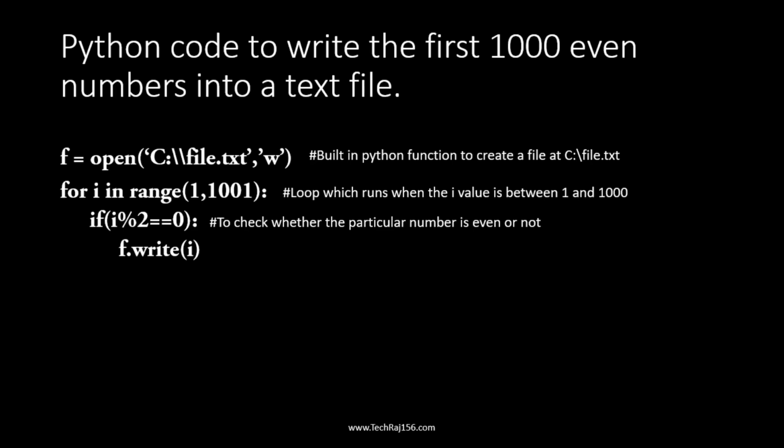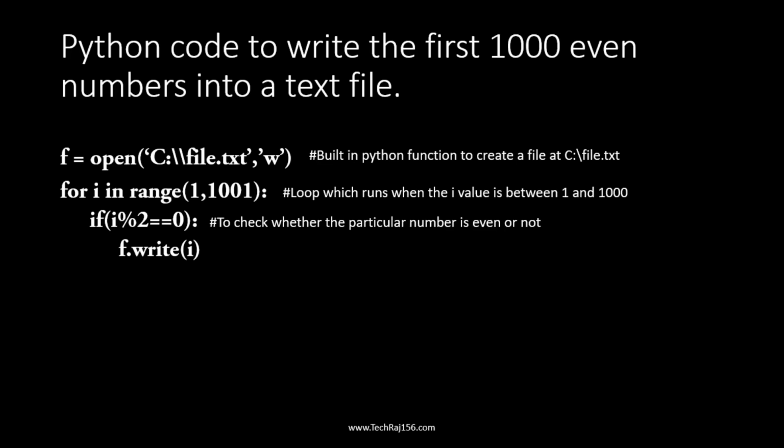So it's like I mod 2 double equal to, which is known as equalizer, and then followed by 0. So this conditional statement, this is what we call a conditional statement. Don't worry, we'll discuss about conditional statement once again later in this video. So this is a conditional statement, and it is actually a logic to check whether a number is even or odd. So let me talk more about this logic.